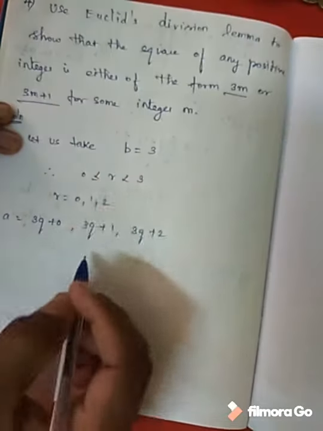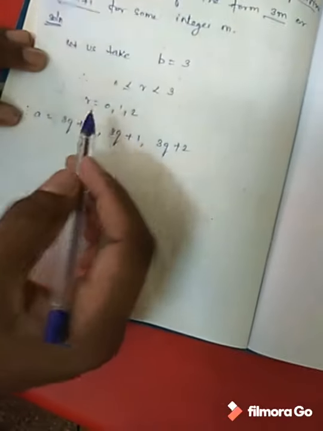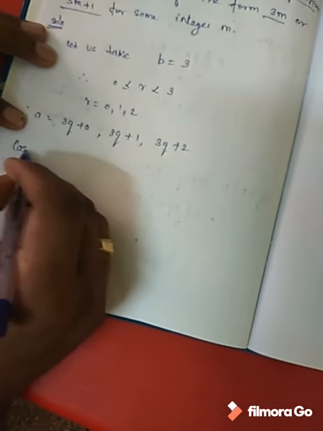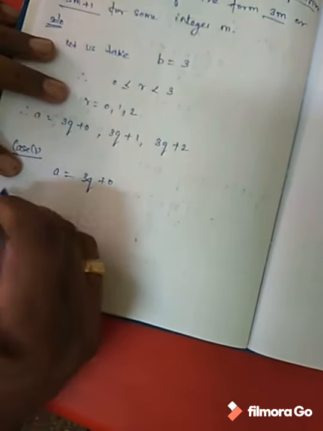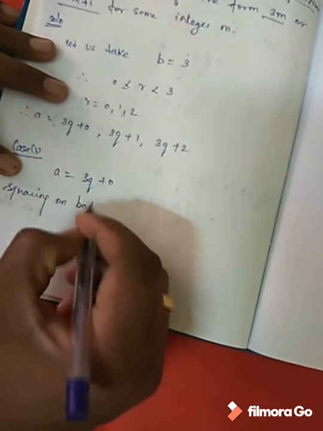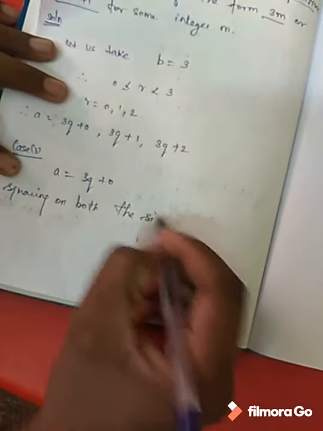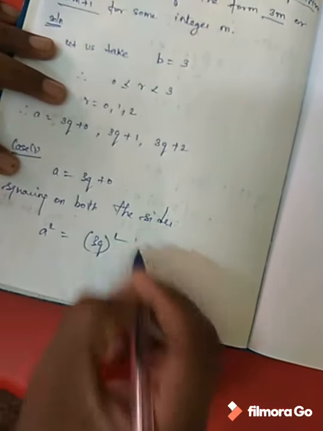So now go to the given: show that the square of any positive integer. Case 1, I am going to take a is equal to 3q plus 0. Squaring on both sides, a square is equal to 3q the whole square.